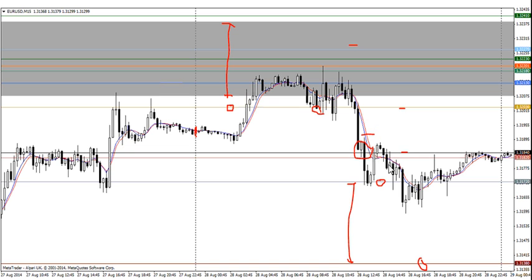So this would not have worked out for the day if you had waited that long, but it wouldn't have hurt you, especially if you've already had your trades in from here.